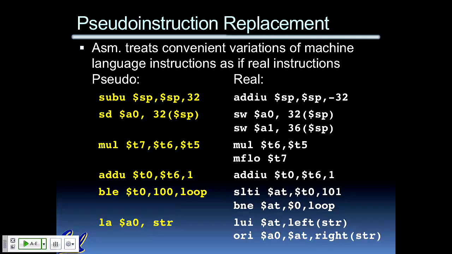What the assembler was smart enough to do was say, oh, actually, what we're going to do is set if less than T0 than 101. So this is less than or equal 100. That's the same as less than 101. We have a set less than immediate instruction, so it's set if less than immediate than 101. And notice it puts the binary value of whether that was true or not into that assembler temporary register, $AT. Right? And then that's the value you check against 0 in the actual branch. So this turns into these 2 instructions.